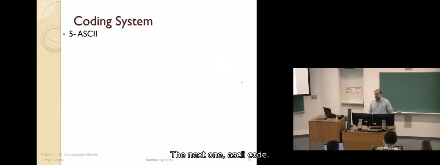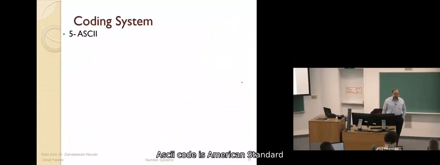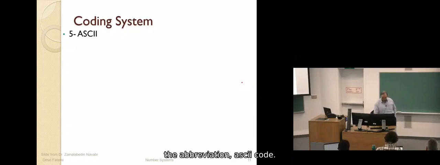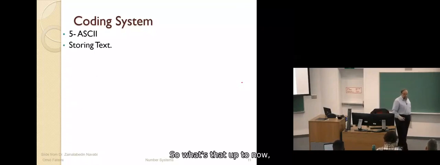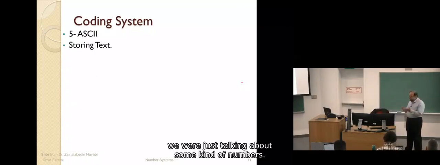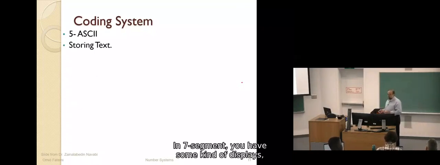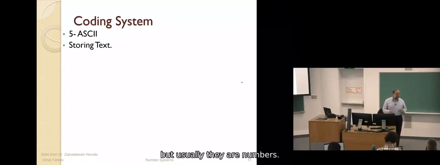So the next one, ASCII code. ASCII stands for American Standard Code for Information Interchange, something like that. I don't remember the abbreviation exactly. So what's that? Up to now, we were just talking about numbers. In 7-segments, we have some kind of displays, but usually they are numbers.